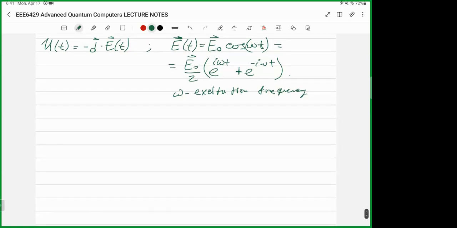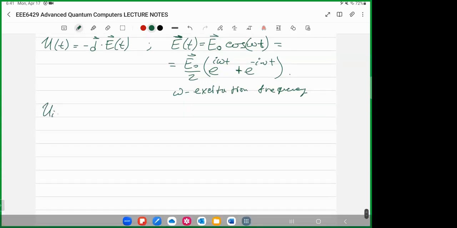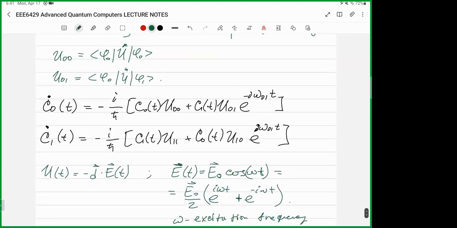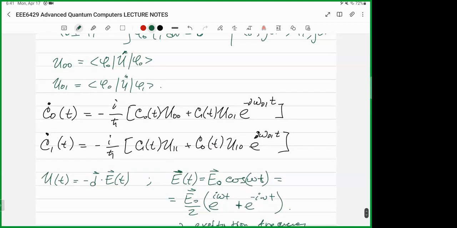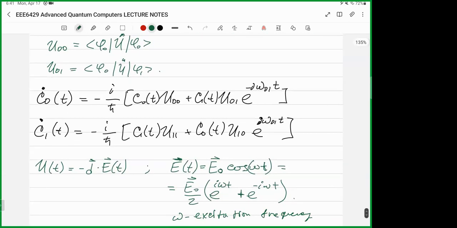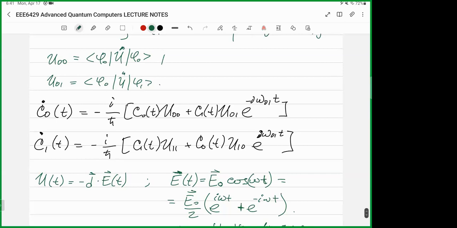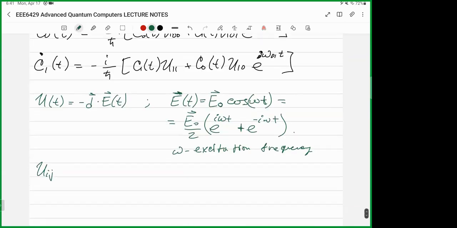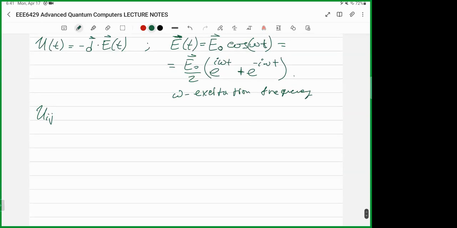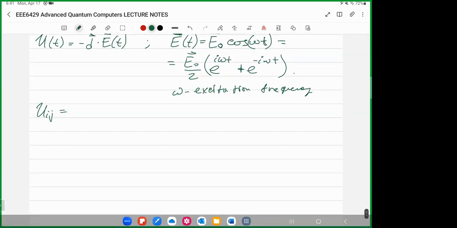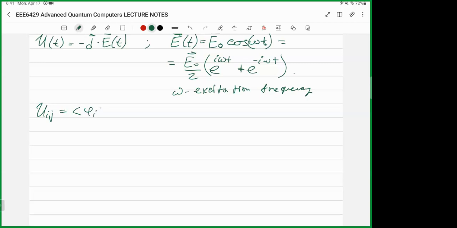All right, so then the matrix element, like this one, U_ij. I have to put the equation for the interaction Hamiltonian into this matrix element. So I'll get phi i, U, phi j, right?